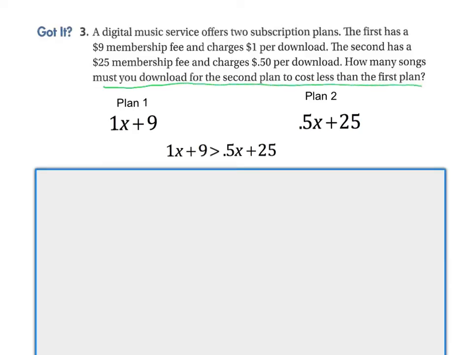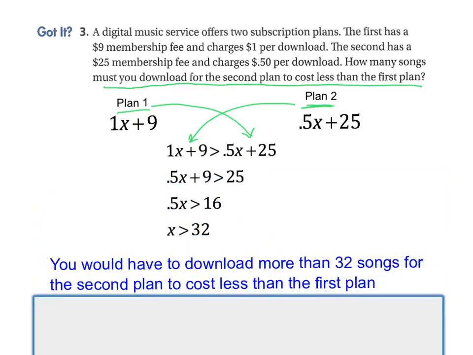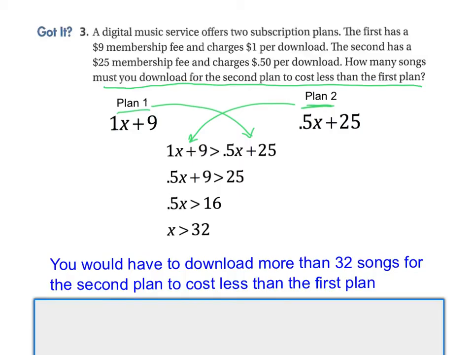It says second plan costs less than the first, so I should have put the second plan over here and the first plan over here. But because I kept my symbol the same, the correct symbol, it was okay to do it this way also. You'll see that we should have got the same answer. All right, I'm going to pull this down and let you see. There we go, greater than 32, and there's my answer.